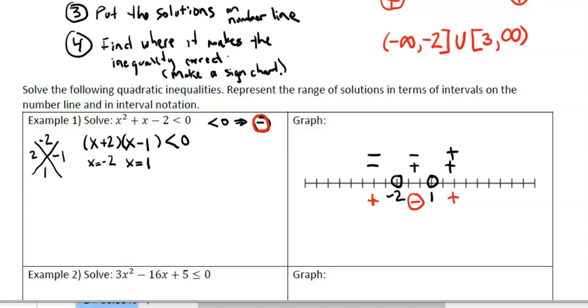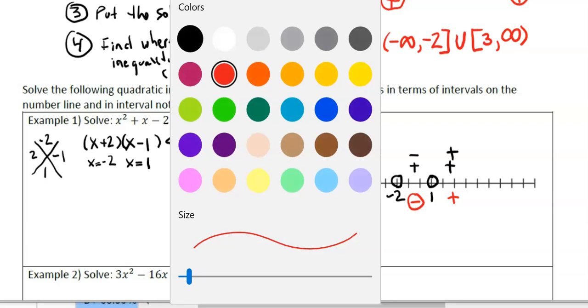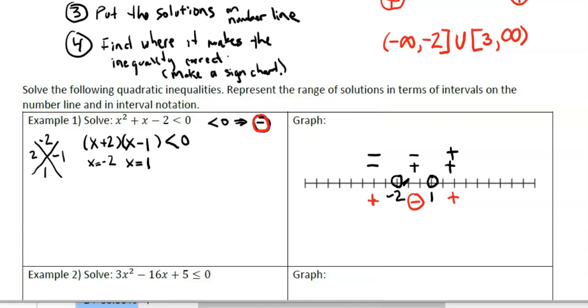So this is our interval with our solutions. So we would shade in between them. And then in interval notation, we would put a parenthesis, -2, this time a parenthesis instead of a bracket because it cannot be equal to -2, but it can approach -2, comma, 1, and then another parenthesis, and that would be our solution set there.